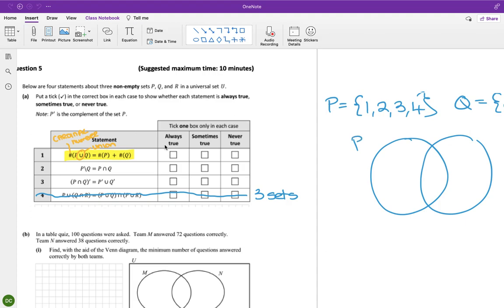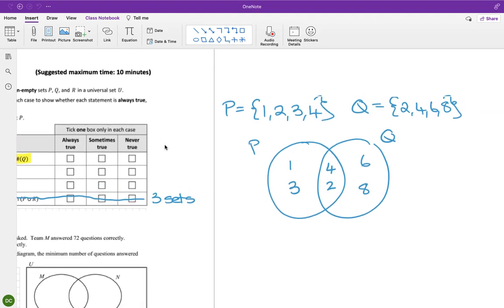Draw my Venn diagram. What goes in the center? 4 and 2. And then in P only? 1 and 3. And in Q only? 6 and 8. Okay.